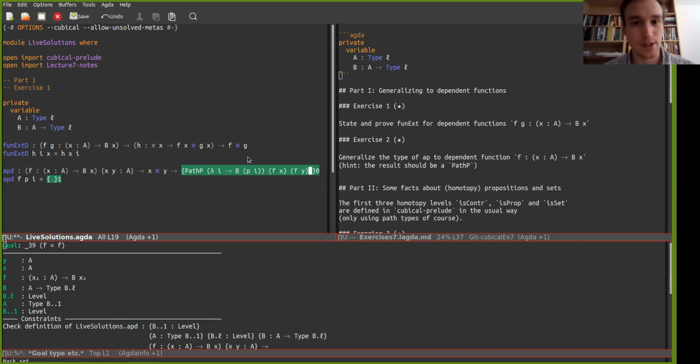So we want something between f of x and f of y, but one lives in B of X and one lives in B of Y. So this is a path over B, P of I, which should be dependent here.